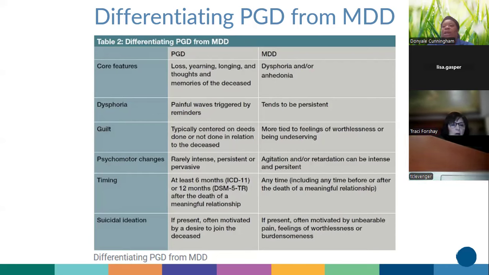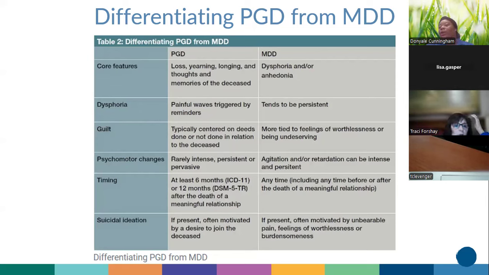That is the loss, the yearning, longing, and thoughts and memories of the deceased. Whereas major depressive disorder, that is dysphoria and or anhedonia. So in grief, the prominent affect is the emptiness and loss as opposed to that persistent depressed mood and anhedonia of major depressive disorder. Anhedonia is the lack of interest, enjoyment, or pleasure from life experiences.